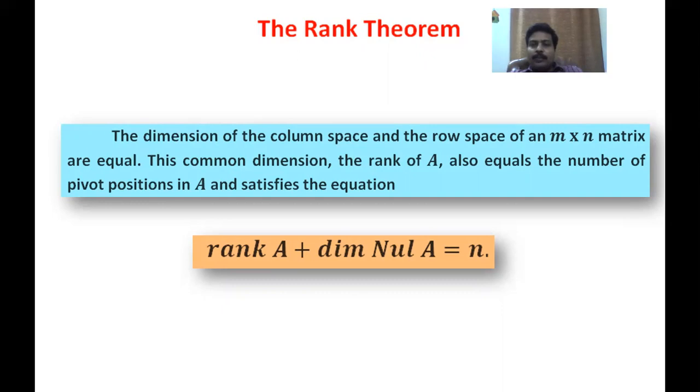We can find the pivot positions as well as pivot columns. Once we know the number of pivot columns, that will be the rank of A, and all other things except dimension of null A. Dimension of null A can be obtained by using this formula. So if a matrix is converted into echelon form, then we can find all these things very easily.